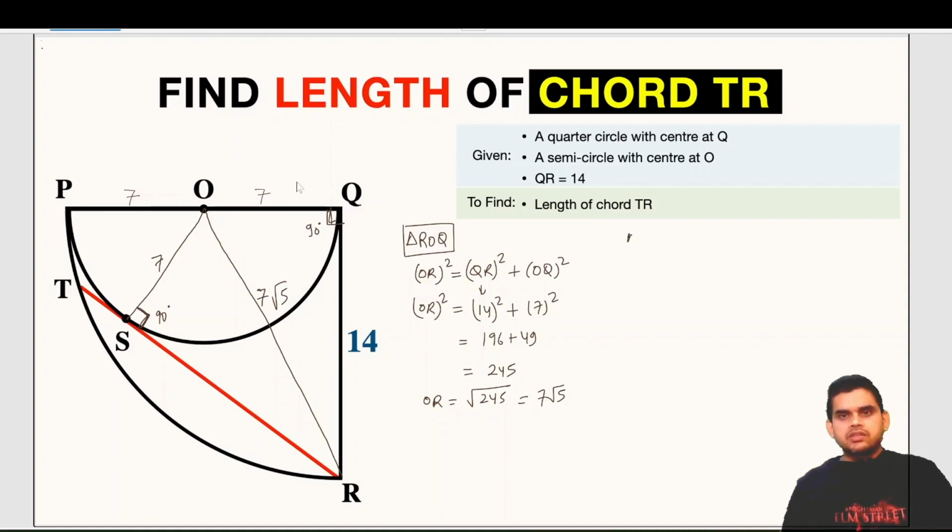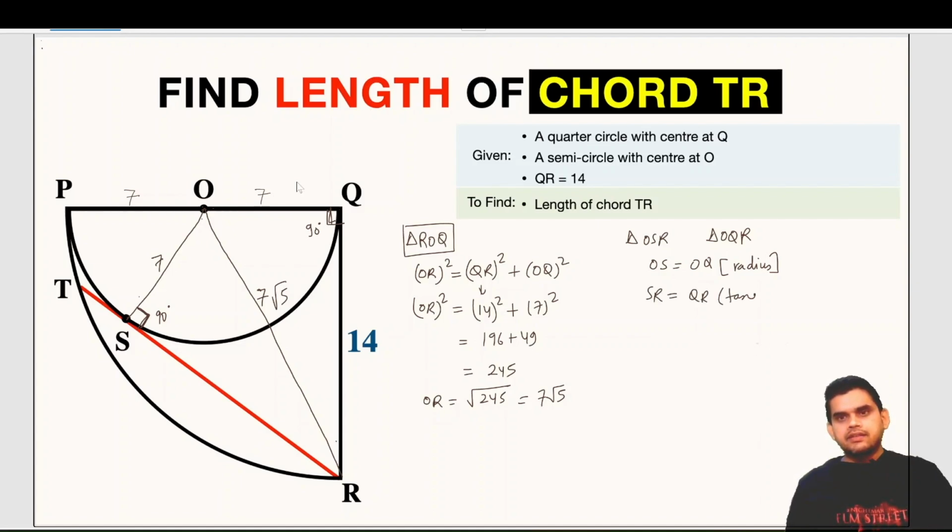Now if we focus on the triangle OSR and triangle OQR, we see that OS is equal to OQ. Why? Because they are the radius of the semicircle. Also SR is equal to QR.